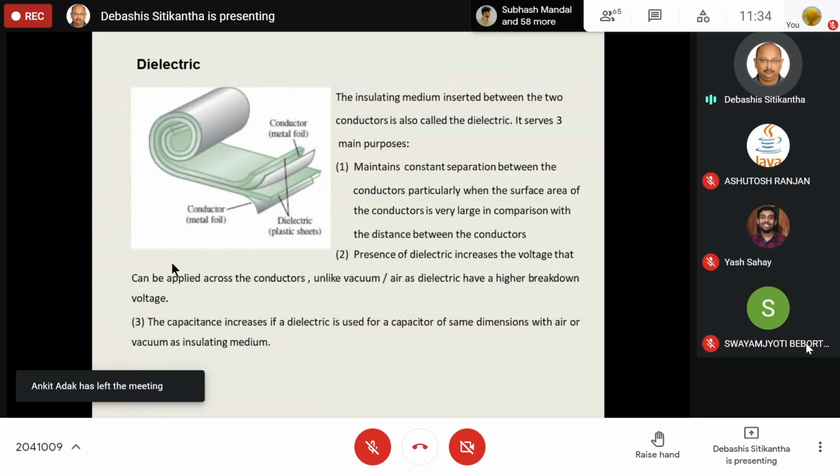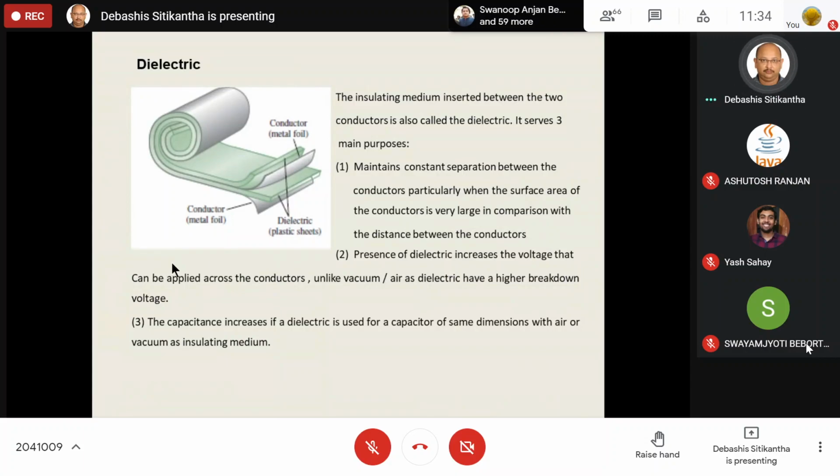Basically the commonly used dielectrics in capacitors are like your transformer oil. For using transformer oil, the two conductors will be immersed in a tank of transformer oil and they will form a capacitor. That is usually known as an oil filled capacitor.